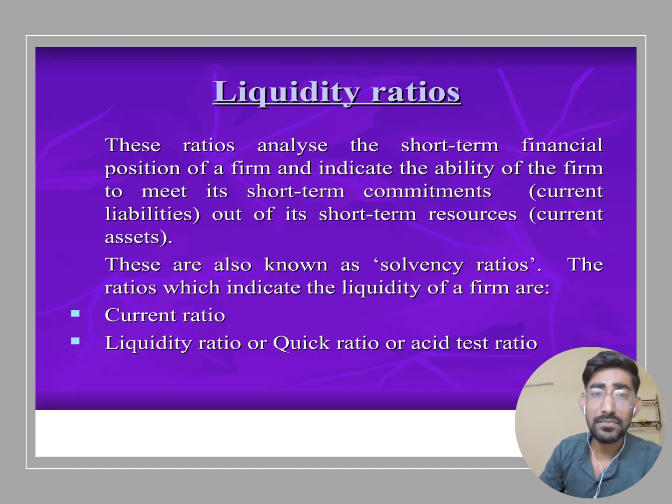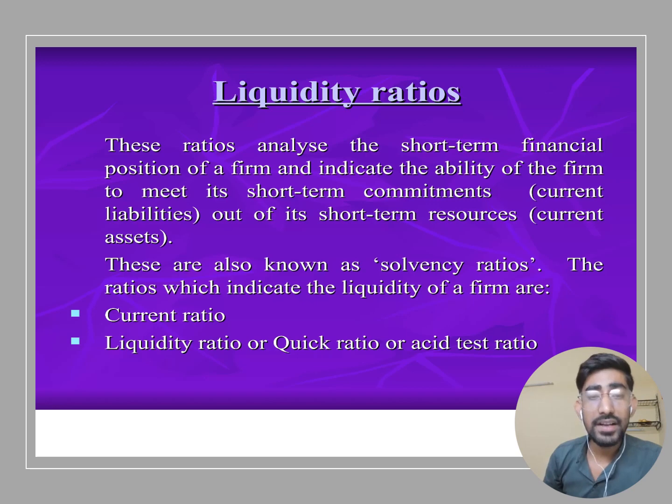Okay, so let us start with the liquidity ratio. This ratio analyzes the short-term financial position of a firm and indicates the ability of the firm to meet its short-term commitment, that is the current liability, out of its short-term resources, that is the current asset. This ratio is also known as solvency ratio, and it includes the calculation of current ratio as well as the liquidity ratio.